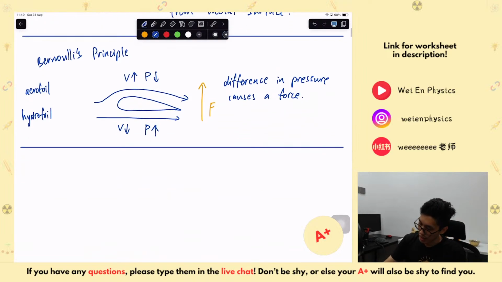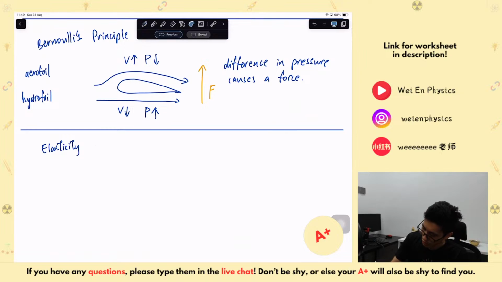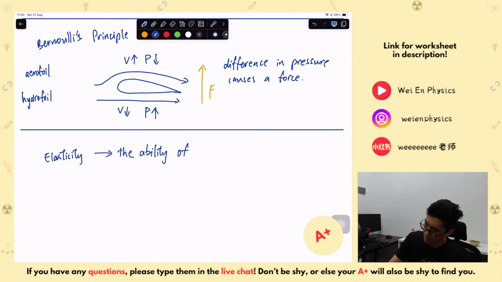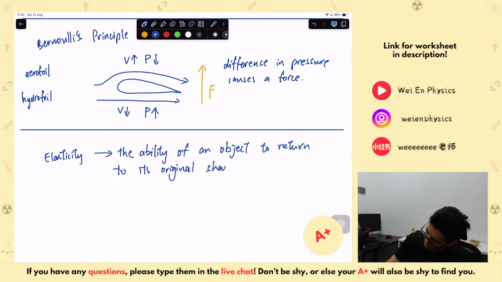Okay, another thing is elasticity. First of all, what's the meaning of elasticity? Elasticity means the ability of an object to return to its original shape and size after the applied force is removed.